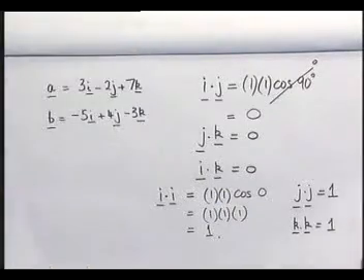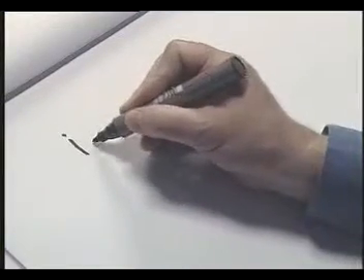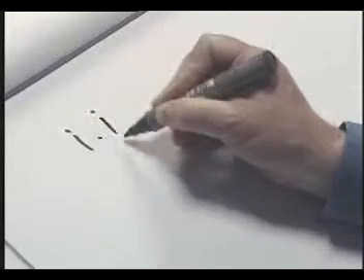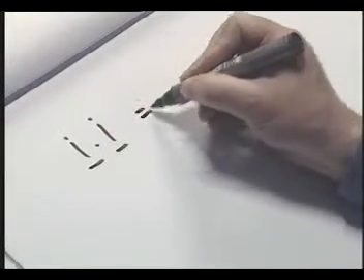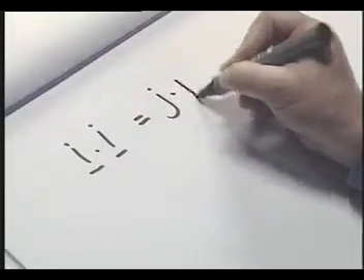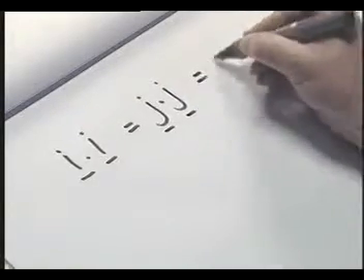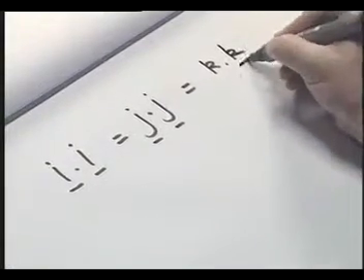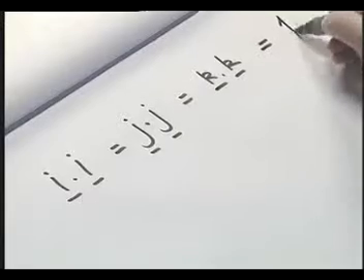Let me summarize those important results here, and they're results that you should remember. If you took the vector i and dotted it with itself, that would be the same as dotting j with itself, and it's the same as dotting k with itself, and in any case, we get the answer 1.